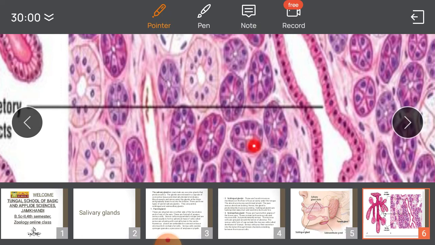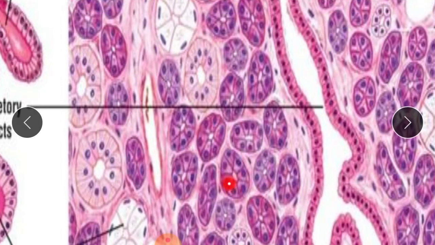Each alveolus is composed of pyramidal shaped serous cells. Can you see here? These are pyramidal in shape. At the center a cavity is present. They secrete their content into the cavity and that cavity joins to a duct. So all ducts together open into the mouth through a large duct.